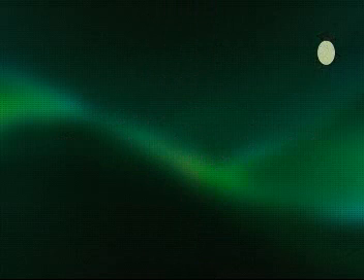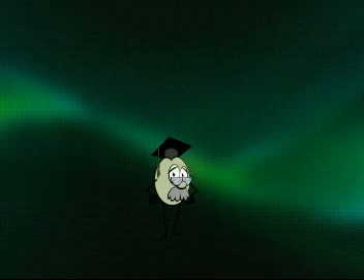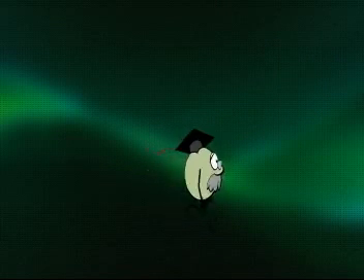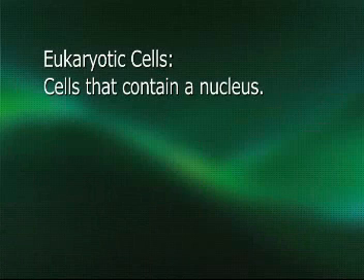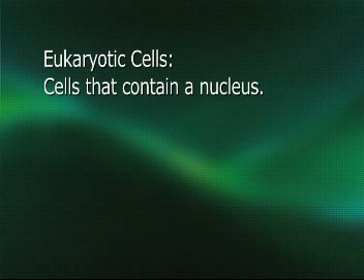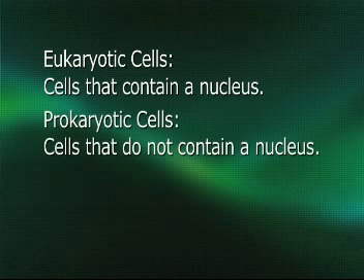Time's up. Let's get back to our lesson. Welcome back, students. I hope you were able to recall some information. The most important thing to know about these cells is that eukaryotic cells have a nucleus and prokaryotic cells do not have a nucleus.